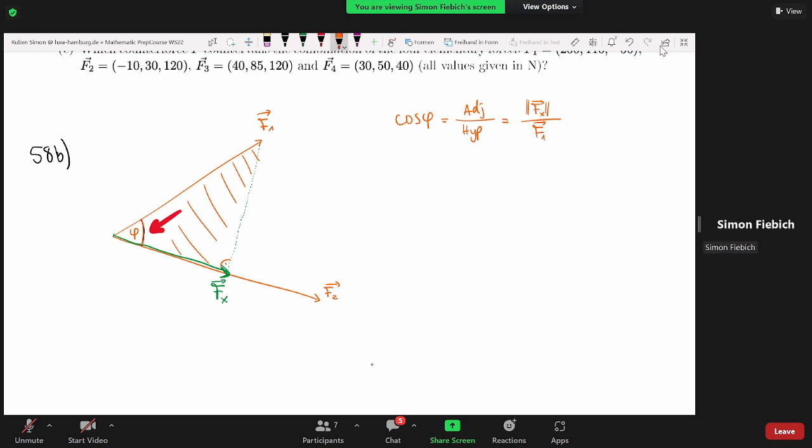It's basically the edge of a triangle, so it doesn't have vector properties. It just is a number, the length of the edge. That's why we also have to look for the magnitude of F1, because we are only interested in the length of the arrow and not in the vector properties.